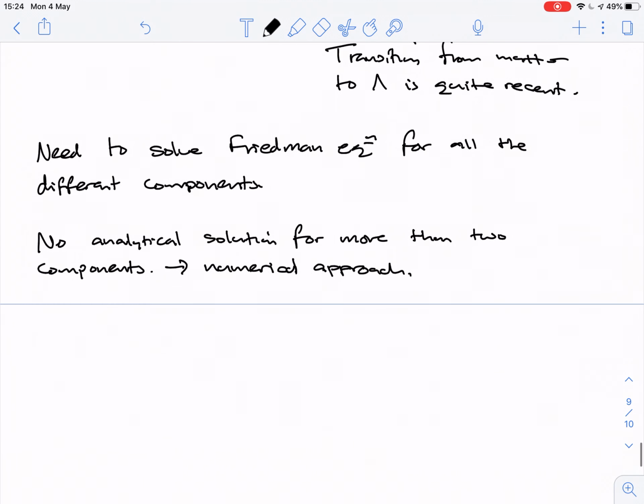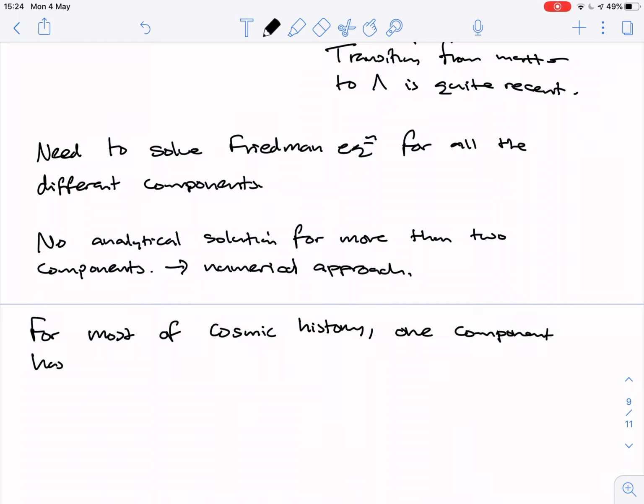But, and this I think is the most important point, for most of cosmic history, one component has dominated. So in other words, in the early universe, we had radiation.